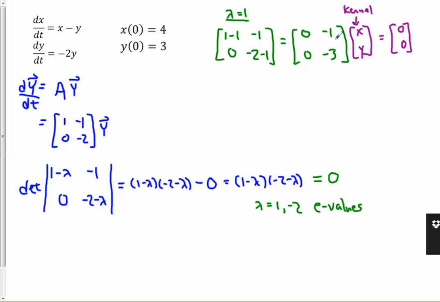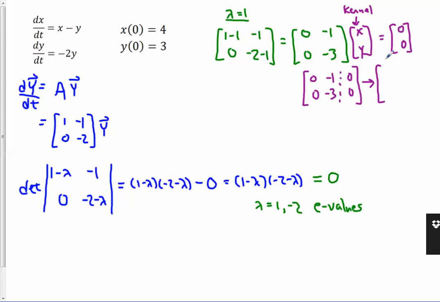And this ends up just being an algebra problem. Sometimes you can see it immediately. Sometimes you can do RREF. We can go 0, -1, 0, -3, and then augment it with 0, 0, and RREF that. I think in this case you can see that, for example, a 1 here and a 0 here will work, because 0 times 1 will be 0, and if the y is 0, -1 times 0 will be 0.